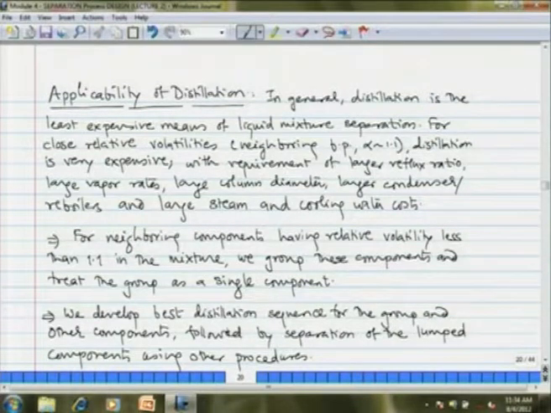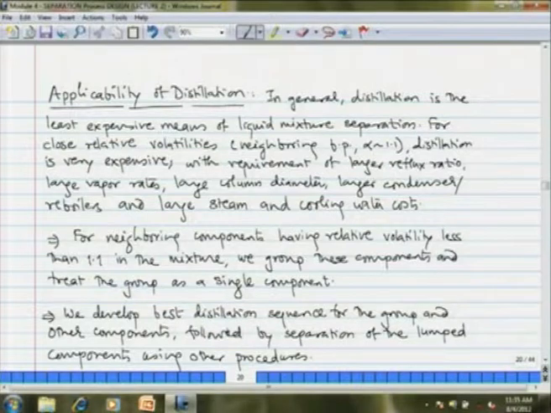For close relative volatilities, neighboring boiling points or alpha equal to 1.1, distillation can become expensive because of the large number of plates that are required, or you have to use a high reflux ratio, large vapor rates, large column diameter, and as a consequence a large condenser and reboiler with high heat duties, and heat duties basically mean large steam and cooling water cost.